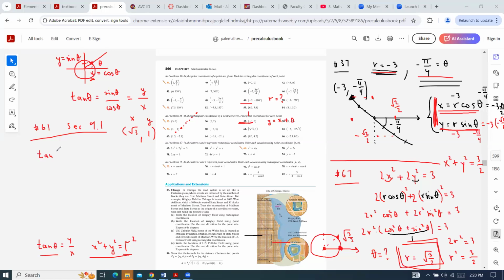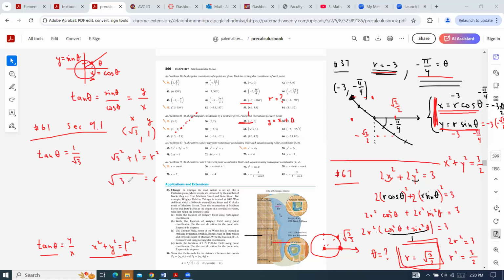So tangent of theta will be y over x. So you divide 1 by square root of 3. And you're probably familiar with that angle, it's 30 degrees, I think. And then x squared, which is root 3 squared, plus 1 squared, which is just 1, is r squared. So what about r? Well, extract the square root from this.